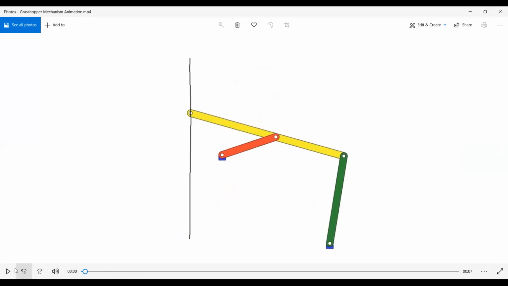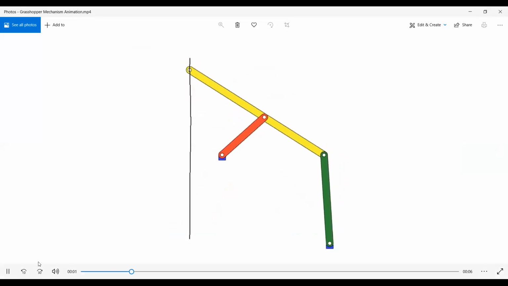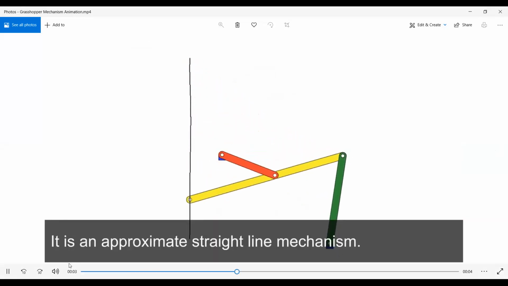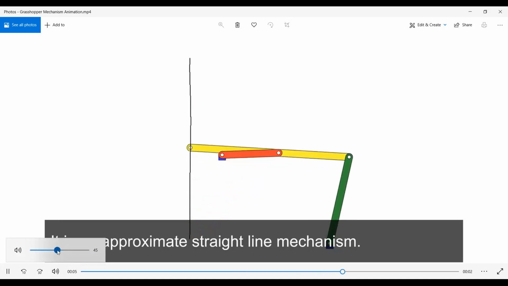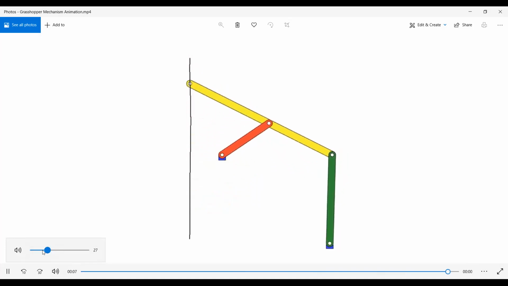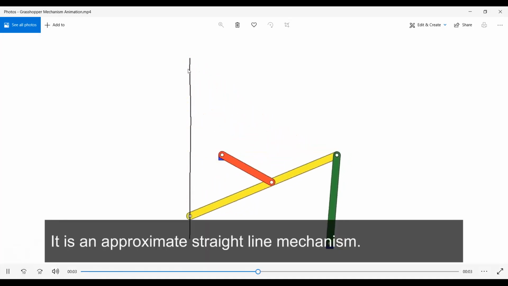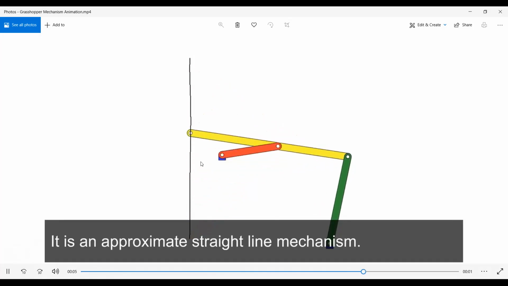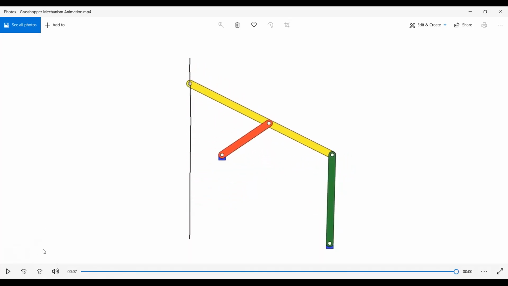Now see, this point is moving along a straight line like this.